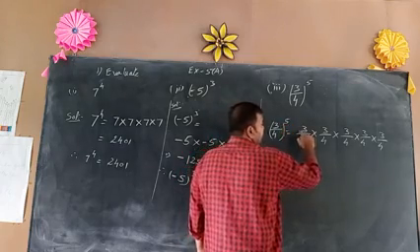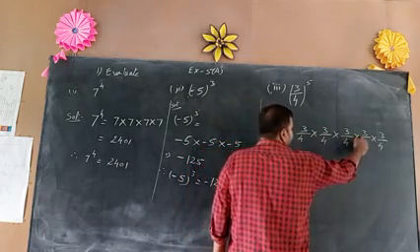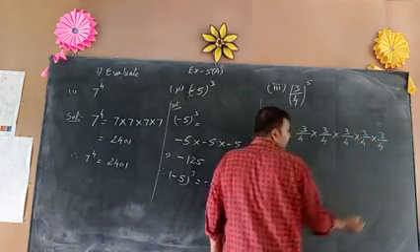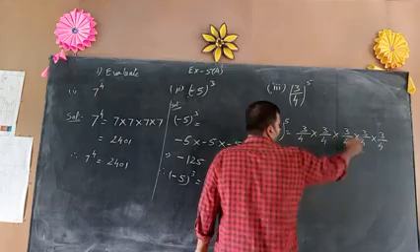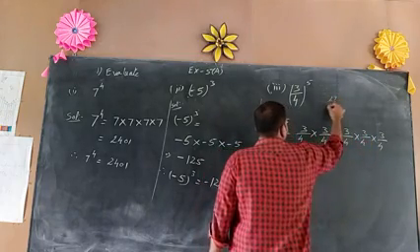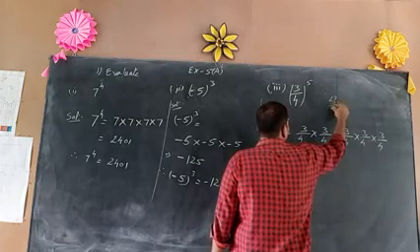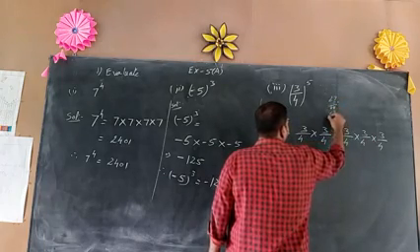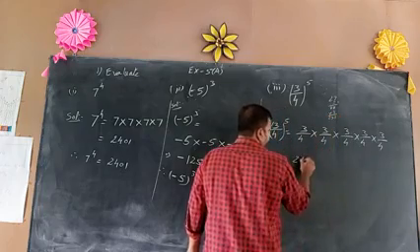So numerator multiplication: 3 3s are 9, 9 3s are 27, 27 3s are 81, 81 into 3 is 243.